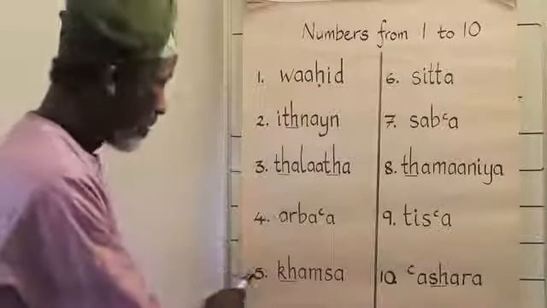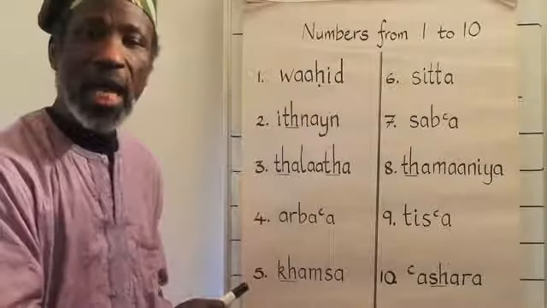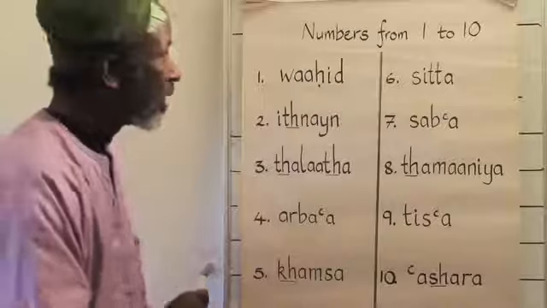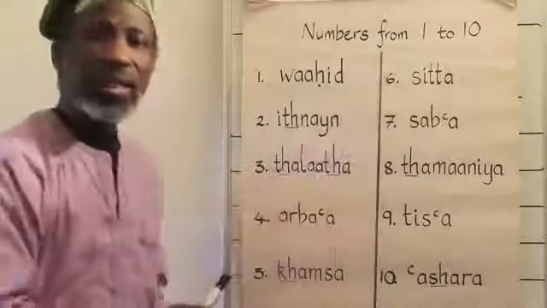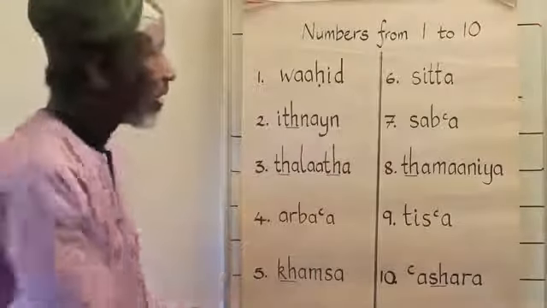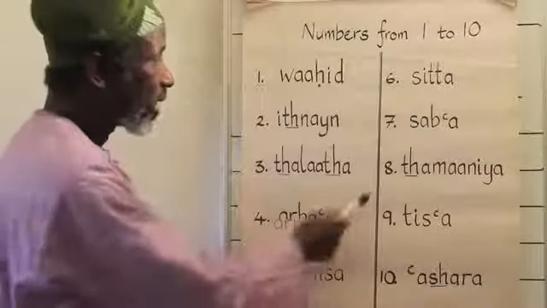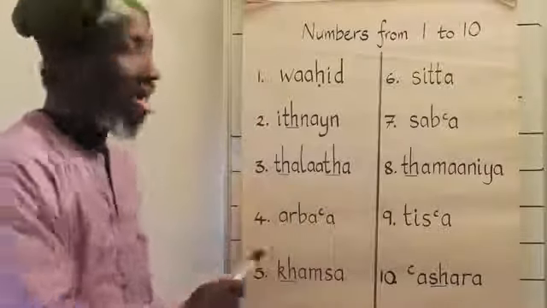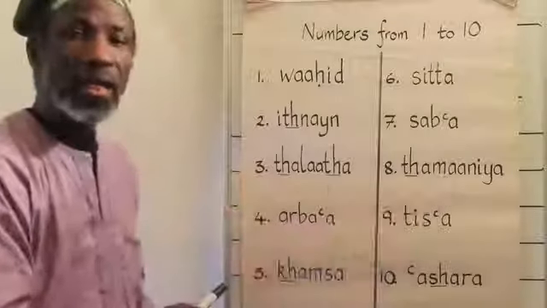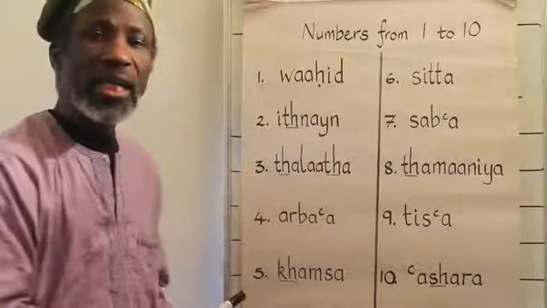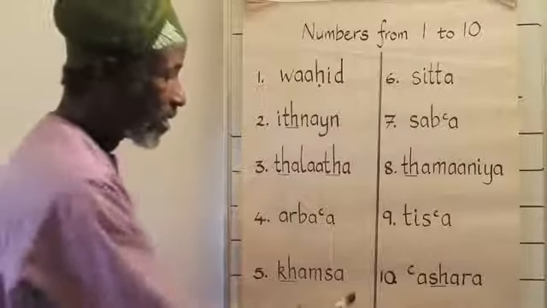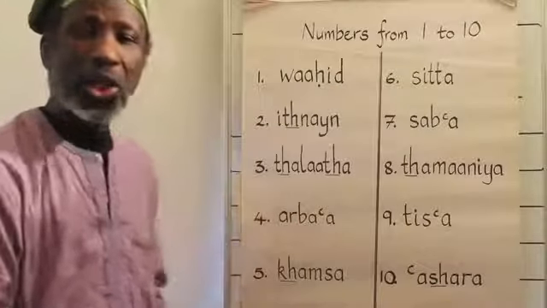Number 5, khamsa. 6, sitta. 7, sab'a. 8, thamaniya. 9, tis'a. 10, ashara.